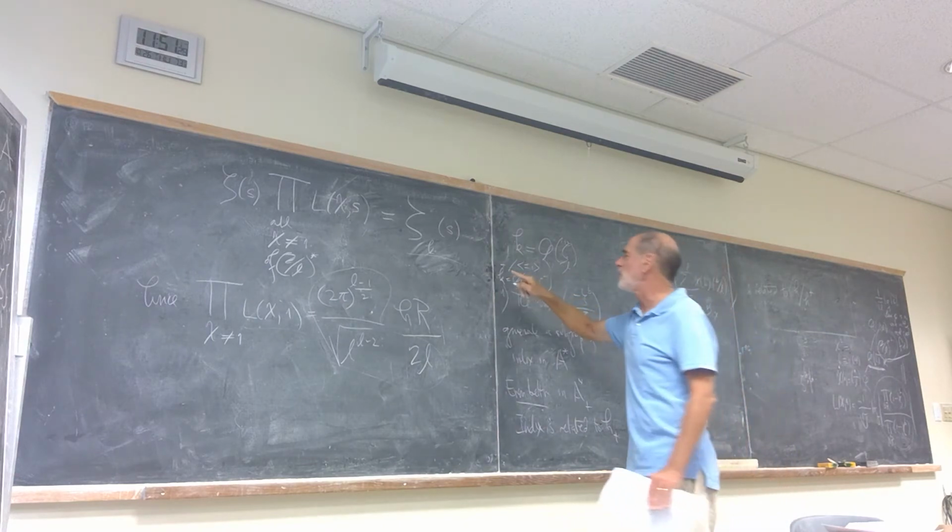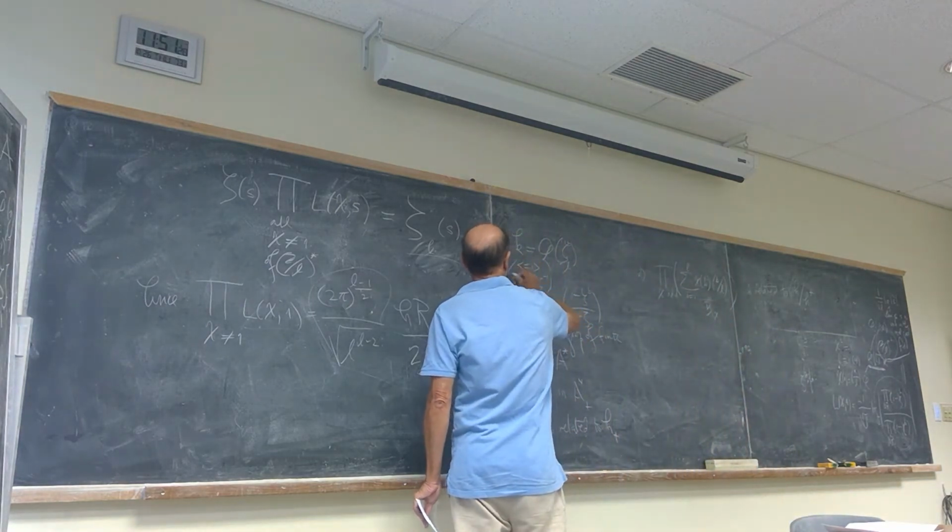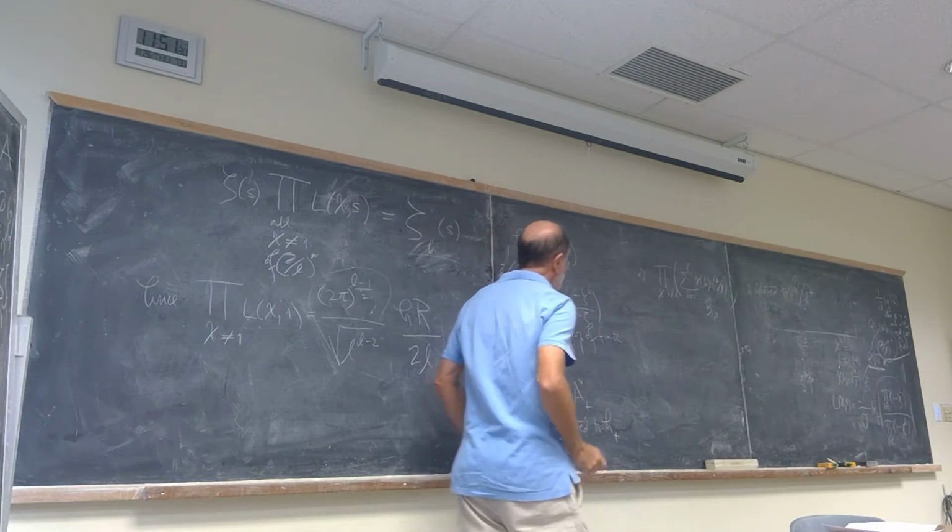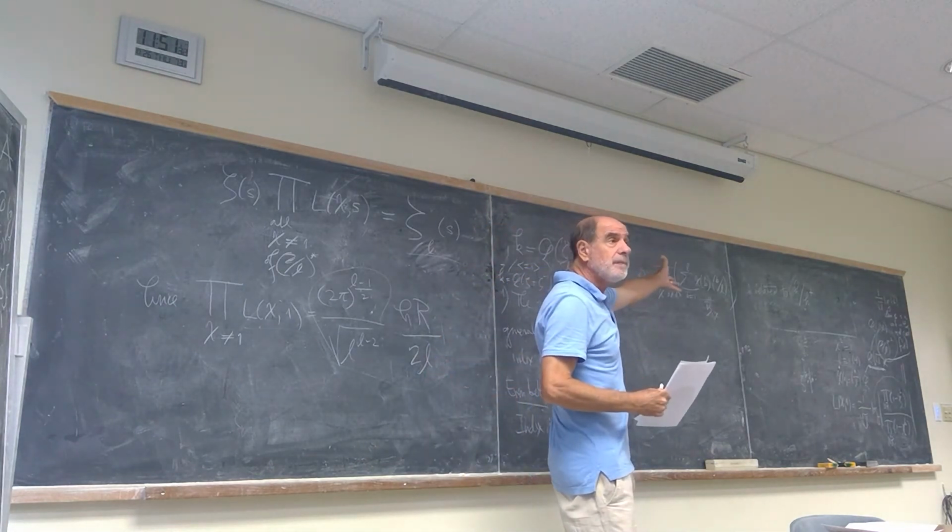Usually the class number of the totally real field is 1, and all the class group is odd class group, and this gives a way of calculating.